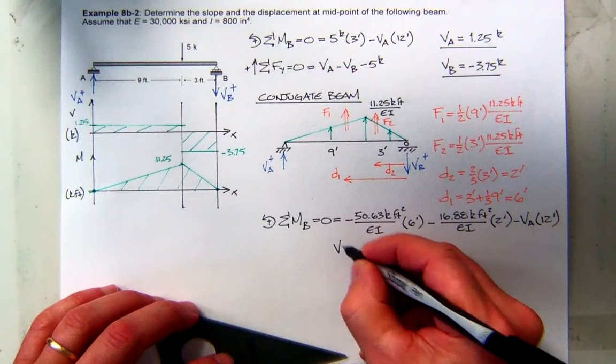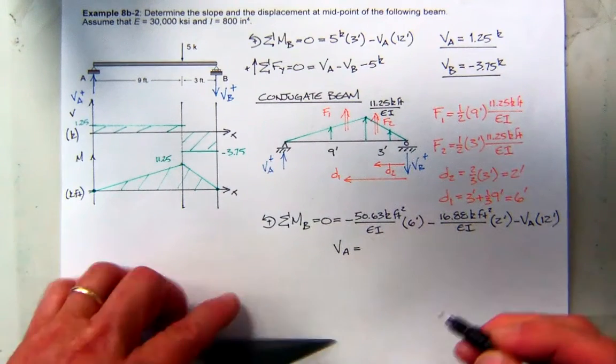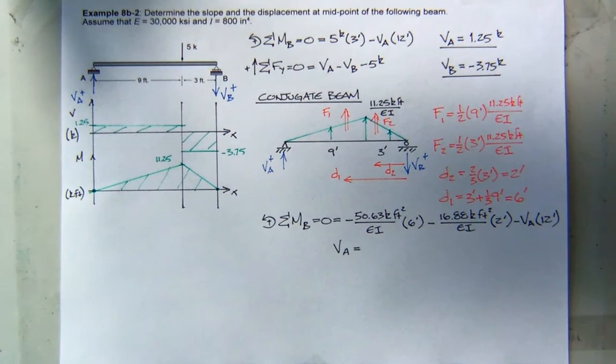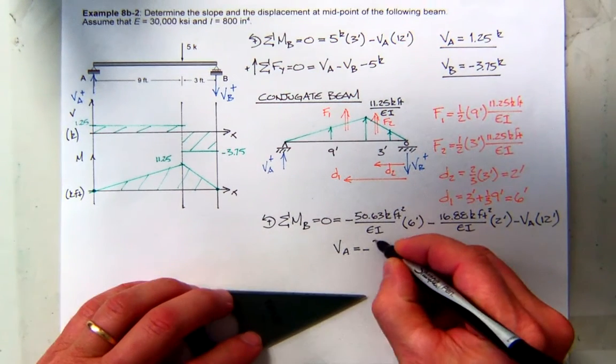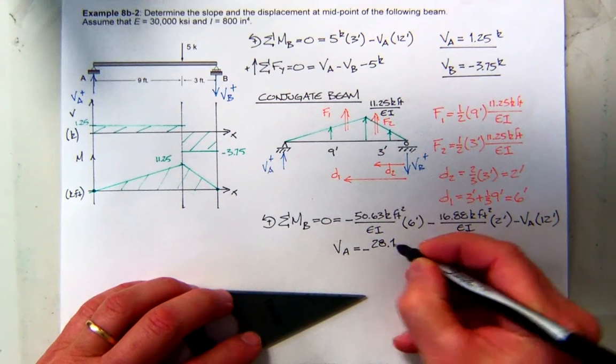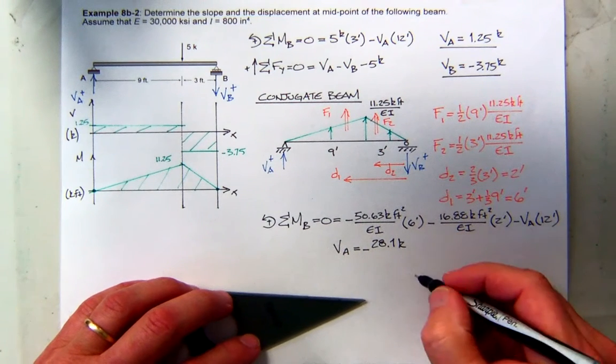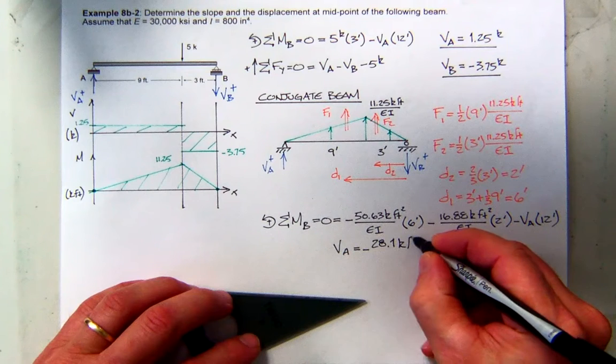So what is the shear at A? It's going to be negative 28.1, and that will be kip feet squared.